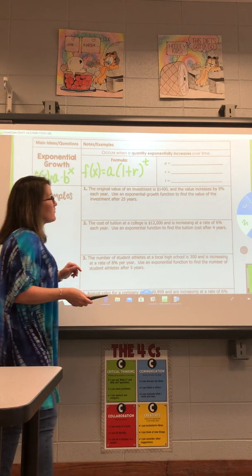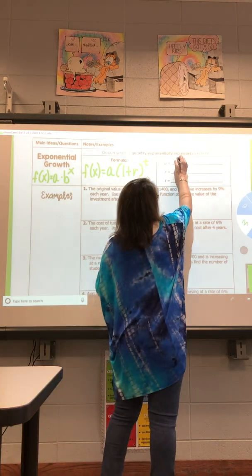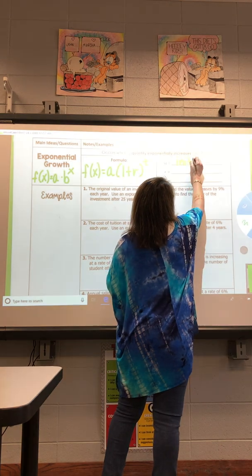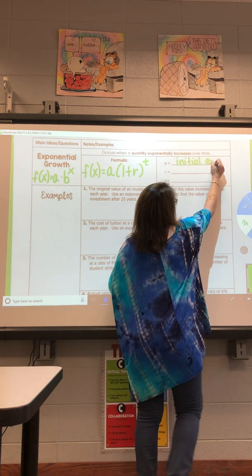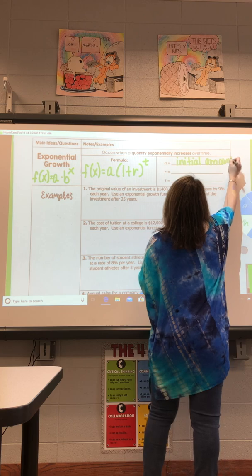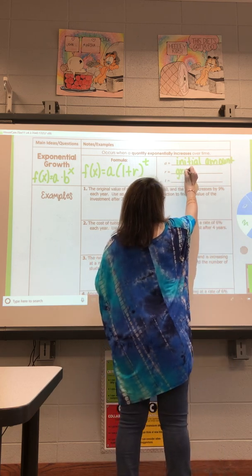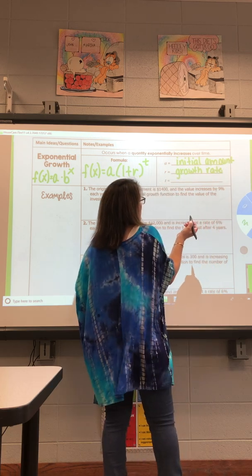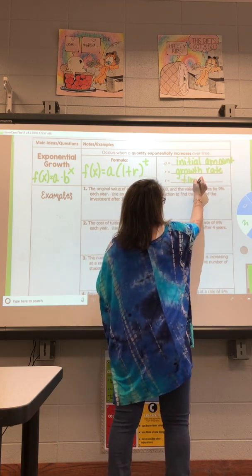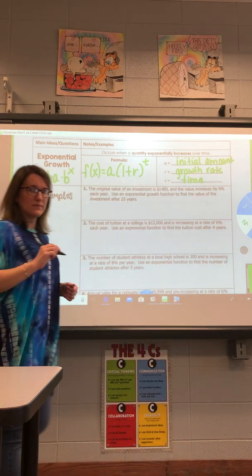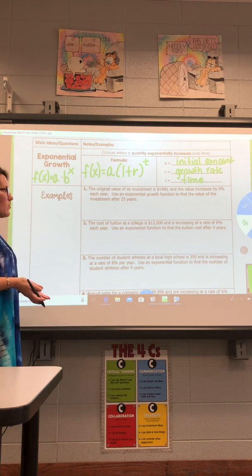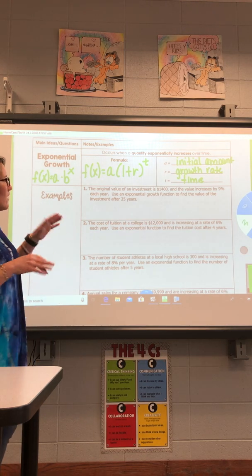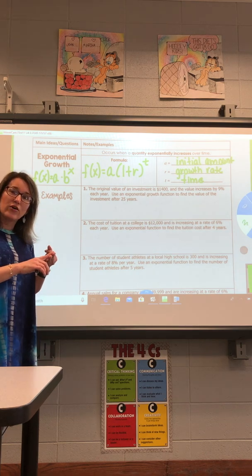So filling this over here, remember A is your initial amount. R is your growth rate, because we're talking about exponential growth in this problem, and T is just going to be your time. Okay? So let's look at problem number 1. Let's figure out what our A, our R, and our T are going to be.